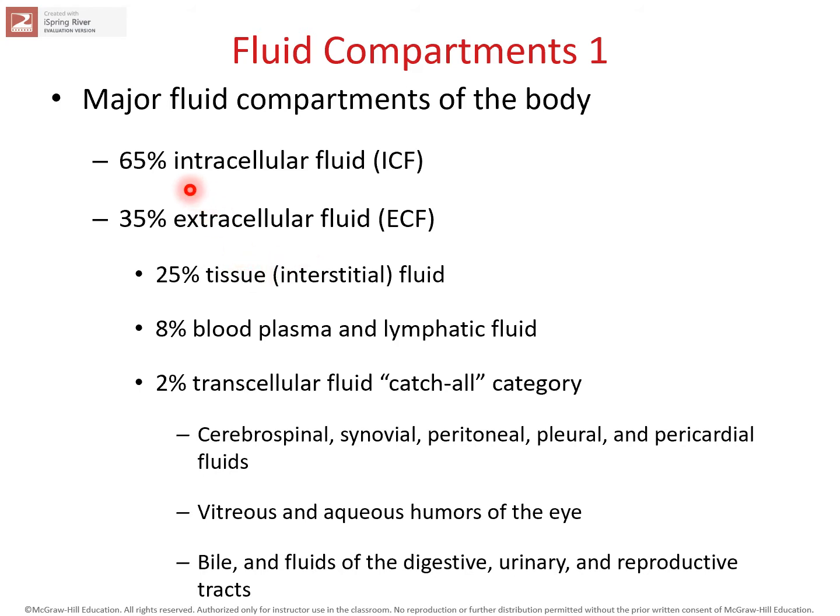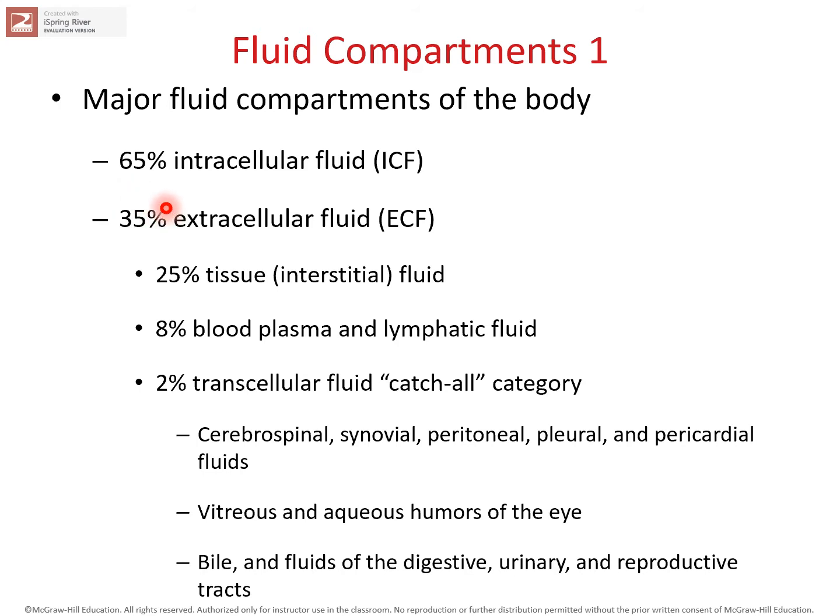So in an average adult who's, say, 150 pounds, they usually have about 40 liters of total body water content, and out of the 40 liters, they'll have about 65% of the water contained in the cells in the intracellular fluids, right? So that's about 25 liters out of the total 40 liters of body water.